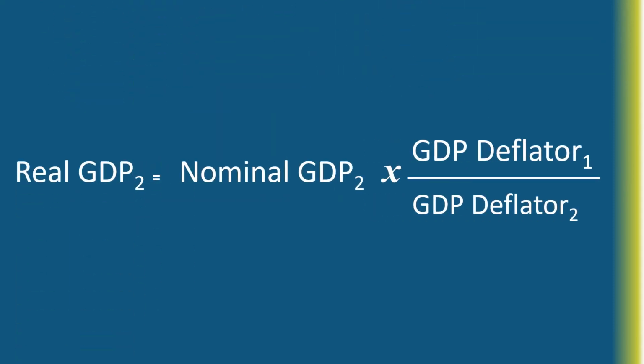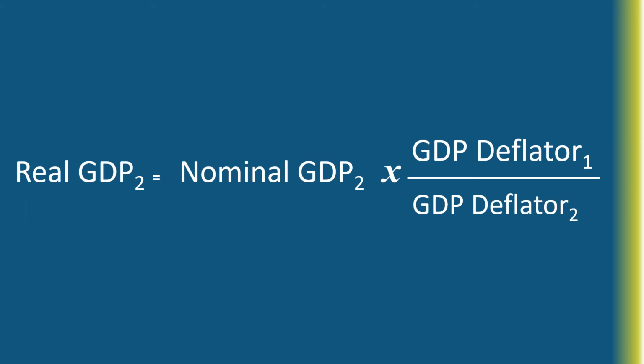If we have a price index, either the GDP deflator or the CPI, we can use this formula here to convert any kind of nominal GDP into a real GDP in a different time period.